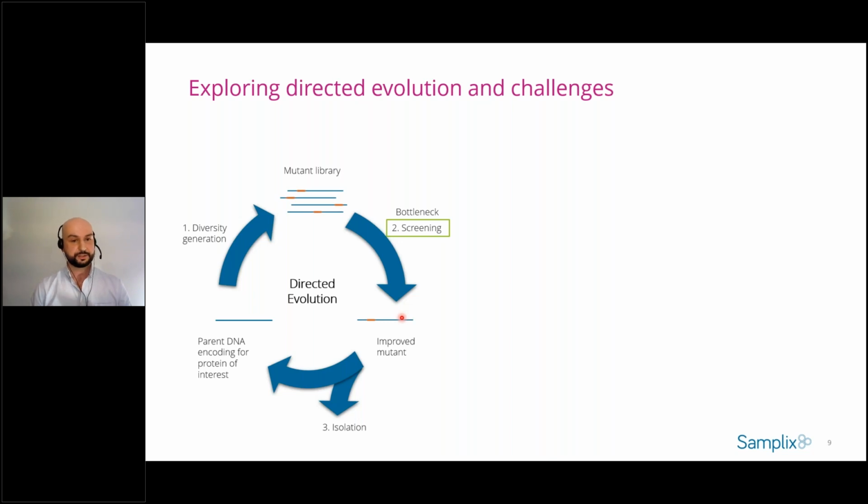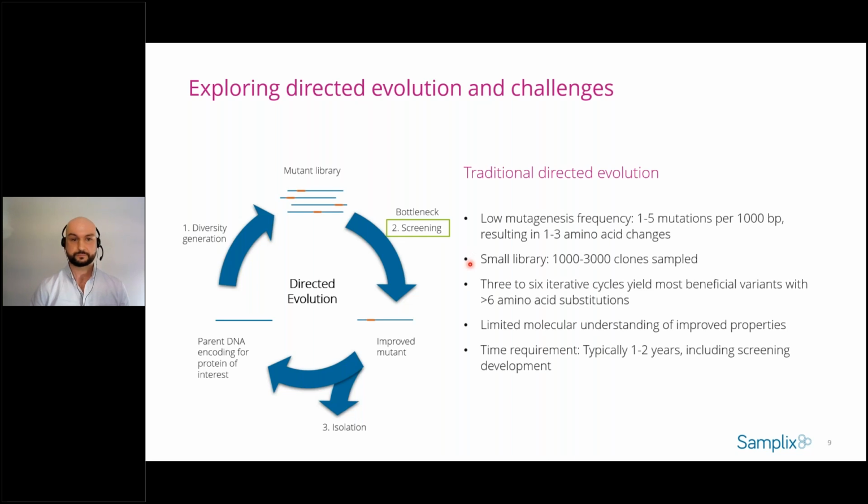This is because the more you screen, the better the improvements, simply spoken. So in traditional directed evolution, we have major challenges. Most of the time we have low mutagenesis frequencies, leading to only few amino acid exchanges on protein level.